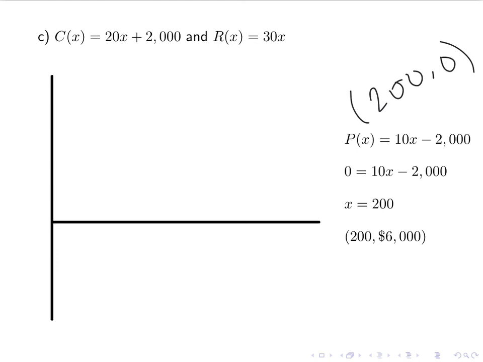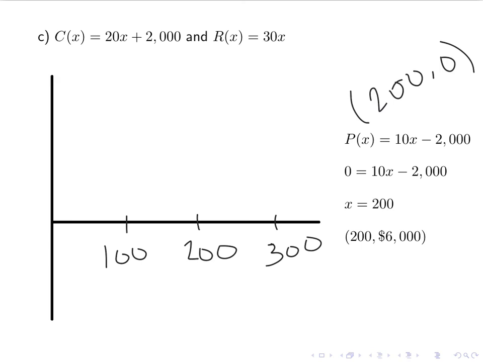So when it comes time to graphing it, again, I want to look at the x values, and the only x values besides 0 that we have are 200. So I'm going to put that in the middle, and then I'll just go by 100s. And then for the y values, for the y-intercepts, we have 2,000 from the cost, 0 from the revenue, negative 2,000 from the profit, and then we also have the point 200 comma 6,000.